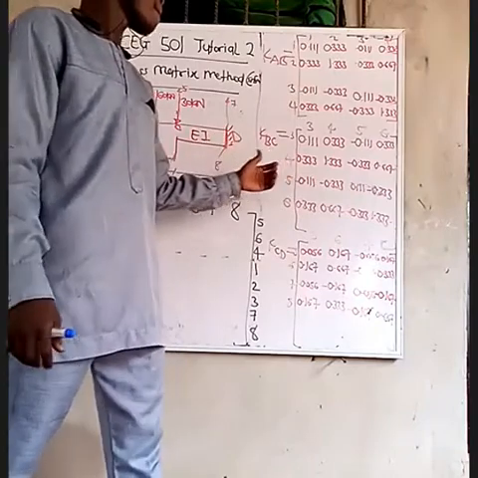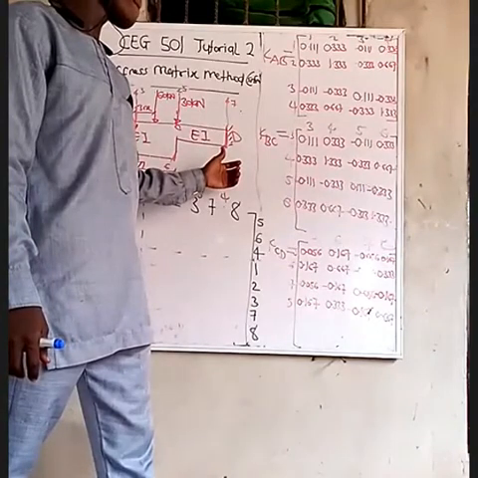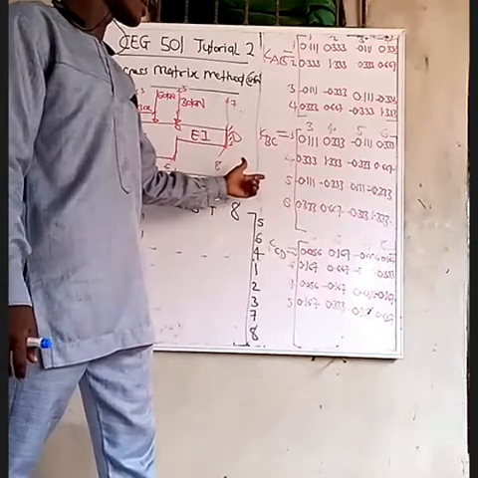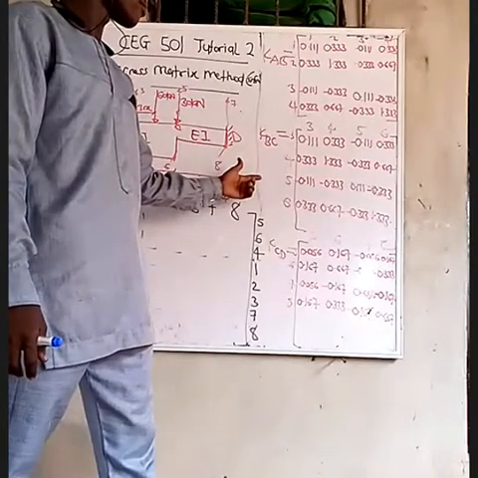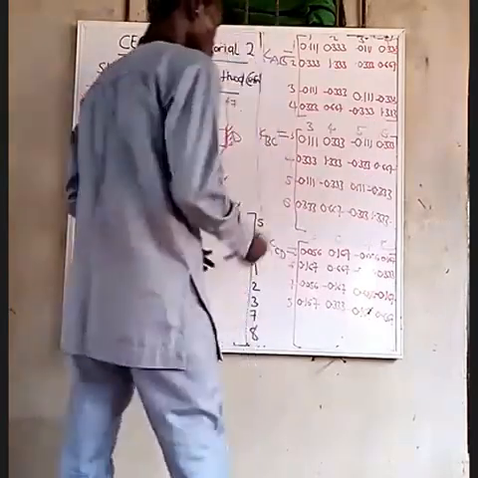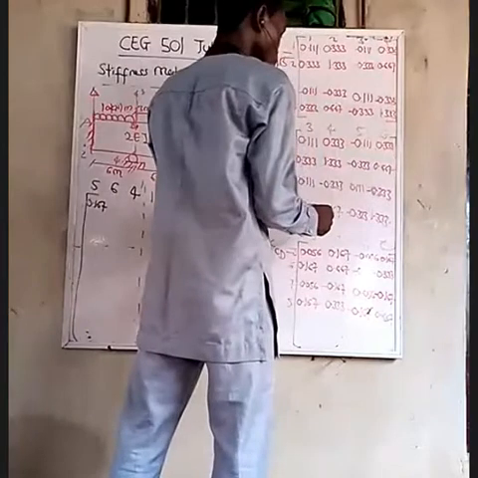Please tell me, we want to get 6-5. There's 6-5 in K. I'm getting 2.